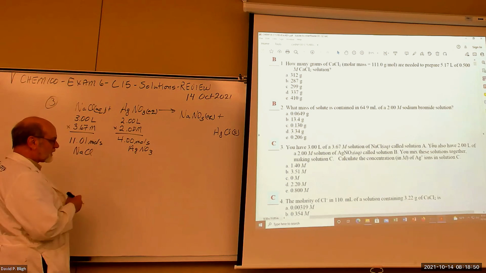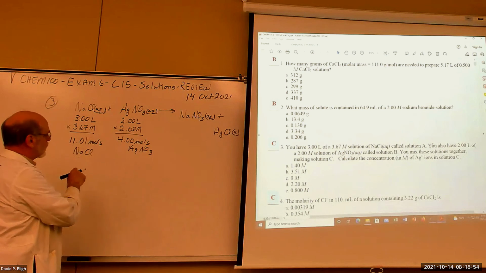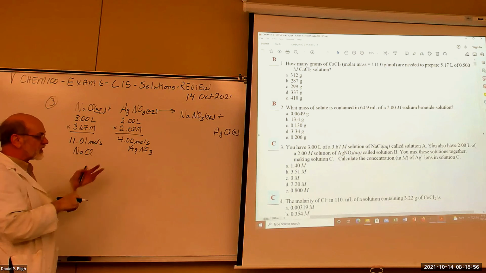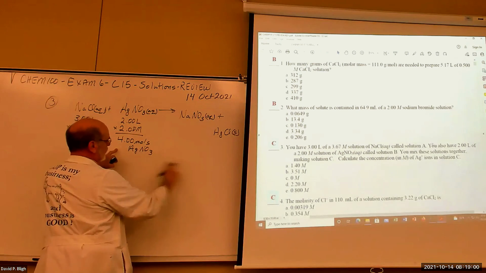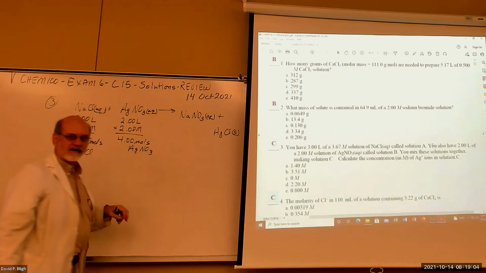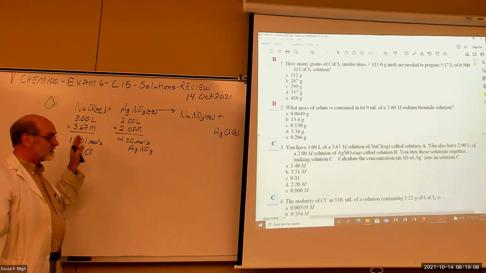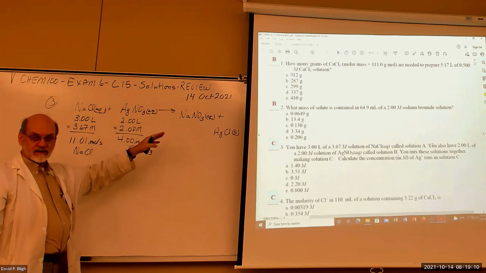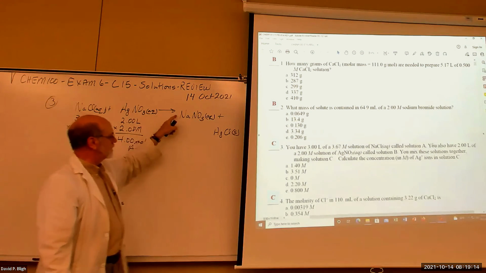Okay, now which one runs out first? Well, we could do a calculation and we could say, okay, how much silver chloride would this make? And how much silver chloride would that make? But this is an easy reaction to quantify because all of the coefficients are 1.